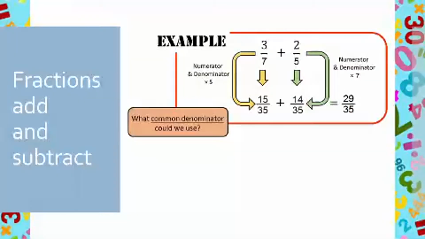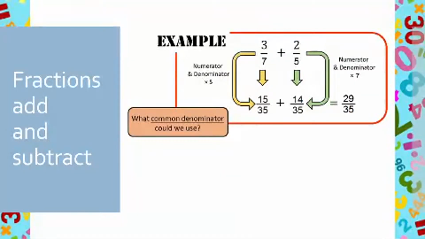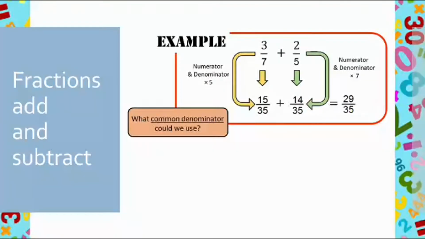Next concept, addition and subtraction of fractions. So for addition and subtraction of fractions, if you have a fraction with a common denominator, it is very easy, you keep the denominator same and add numerators. But what if the denominators are different? The case in which the denominators are different, what you have to do is you have to equalize the denominator.